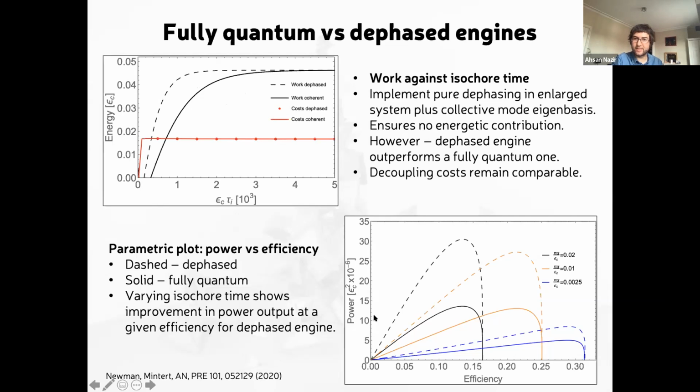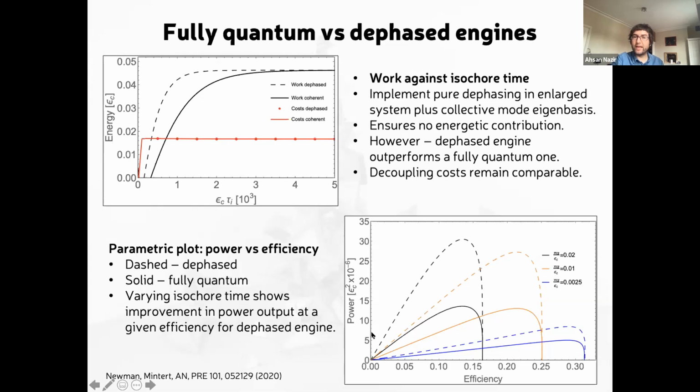And we can also see this in a parametric plot here of efficiency and power, where we're showing the dephased engine as the dashed lines for different system reservoir coupling strengths, and the solid ones are the fully quantum engine.